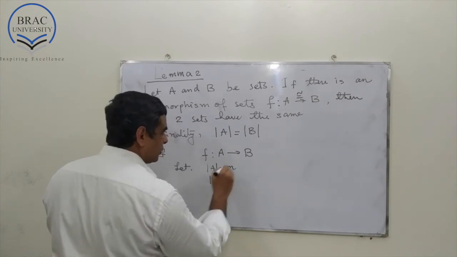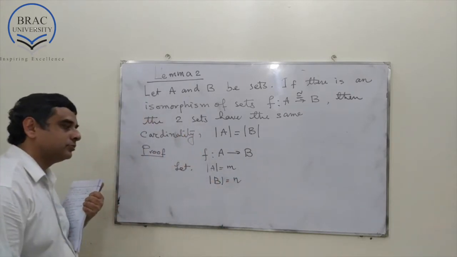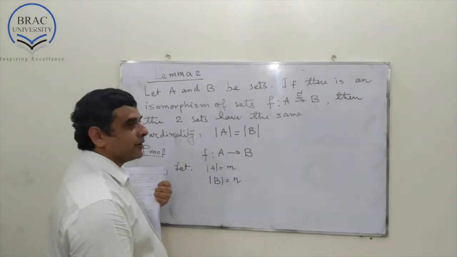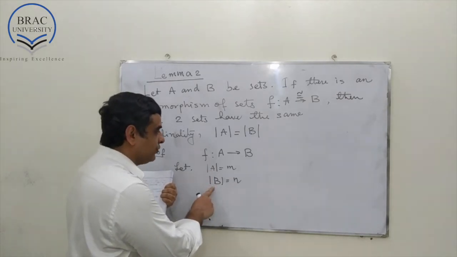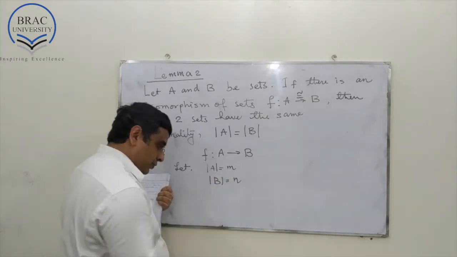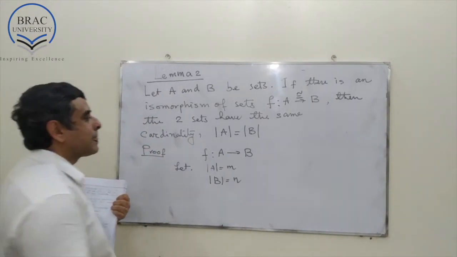We're making things simple by taking finite sets. So these are given, and the isomorphism between A and B is given by F.